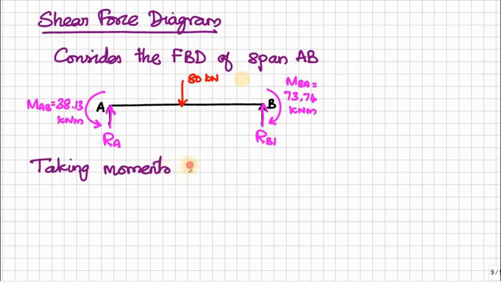Now taking moments about support A or B, whichever. In this case we take moments about B. That means sigma M is equal to 0.